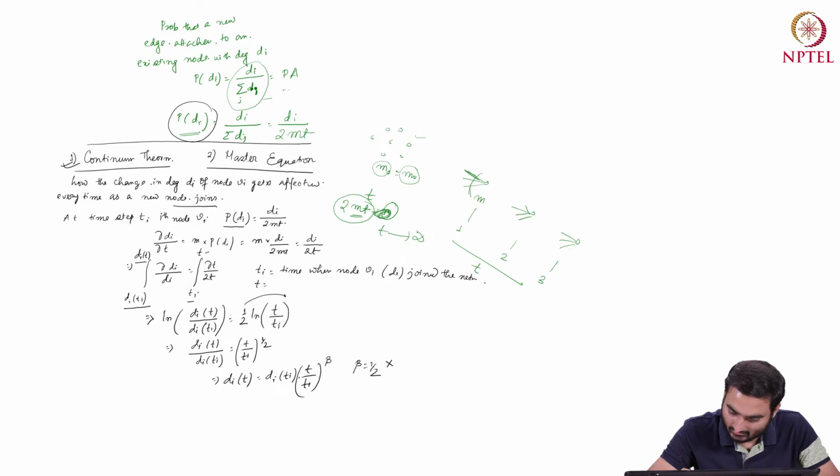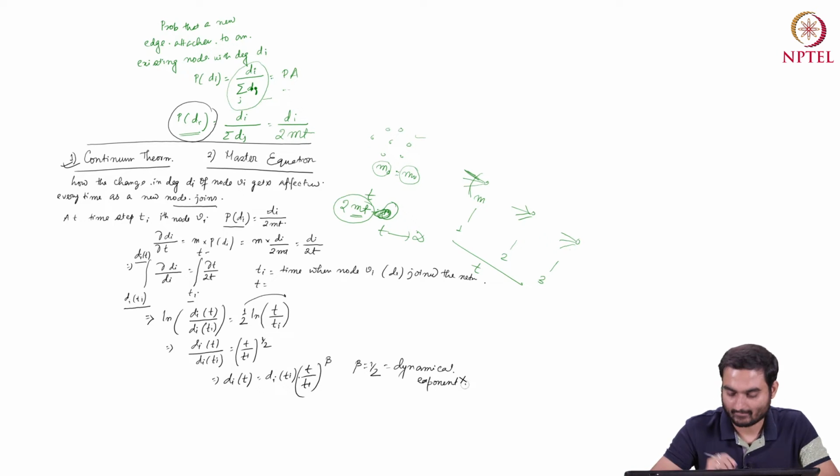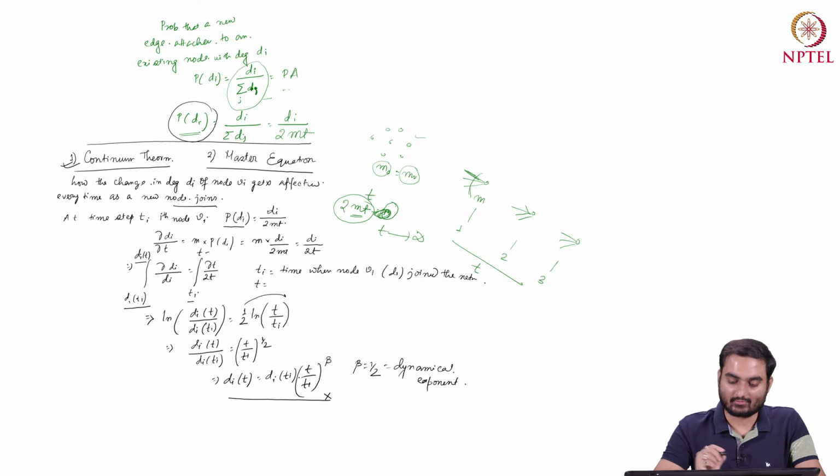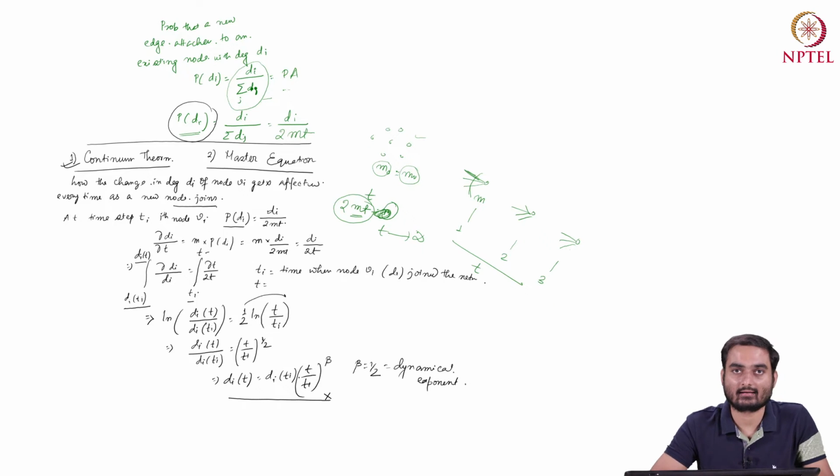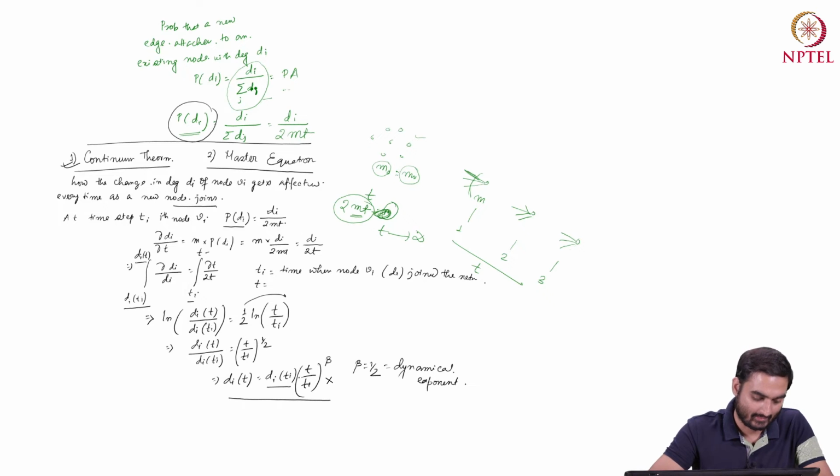And beta is called the dynamical exponent. So this is the equation: degree of v_i at time t is degree of v_i at time t_i times this one.